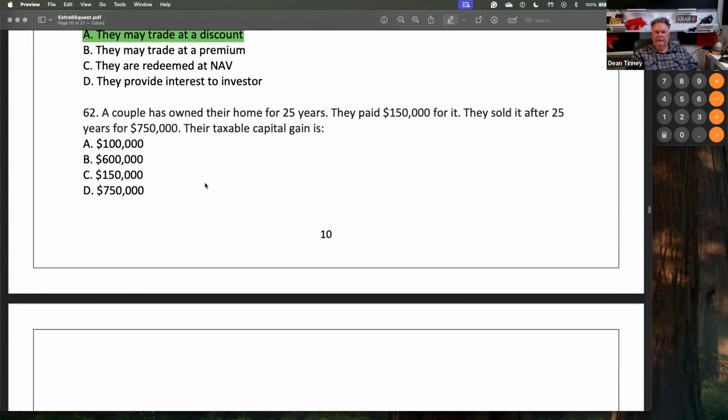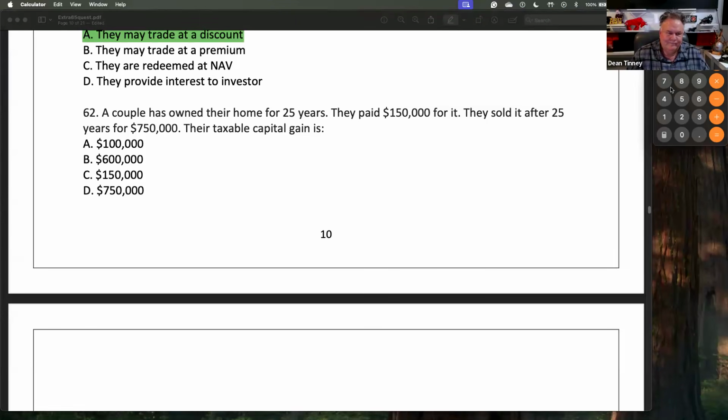A couple owned their home for 25 years. They paid 150. After 25 years, they sold it for 750. What is their capital gain? Is it 600?